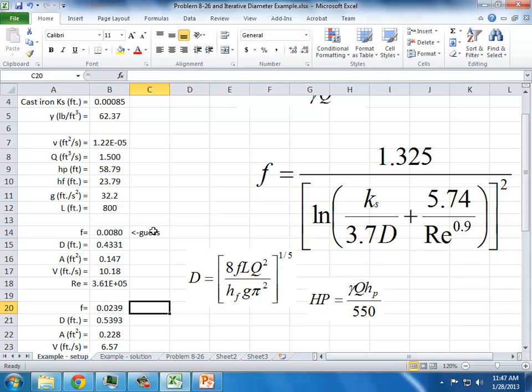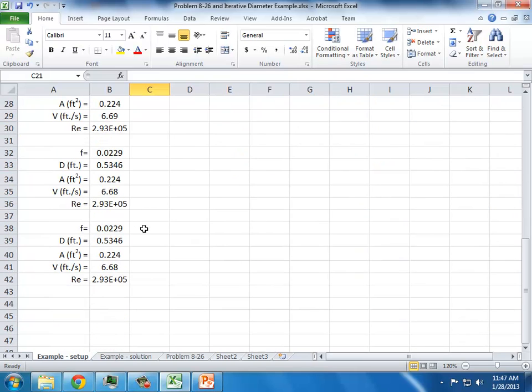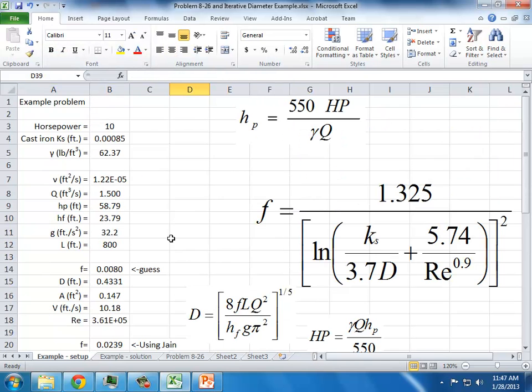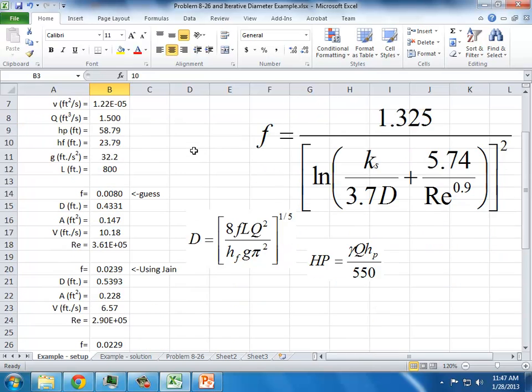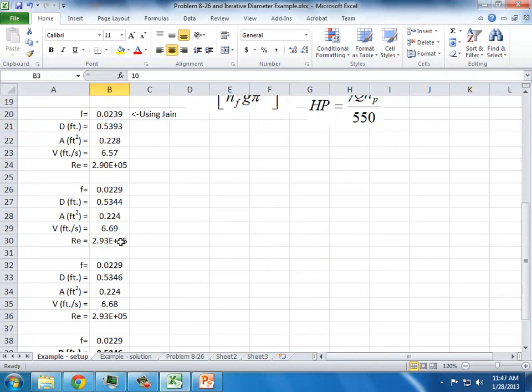And then this was using the Swamee-Jain equation. And from there, it just fell into place really easily. And so then this is the diameter that's needed in order to get the 1.5 cubic feet per second with a 10 horsepower pump through the 800 feet of pipe that's described.